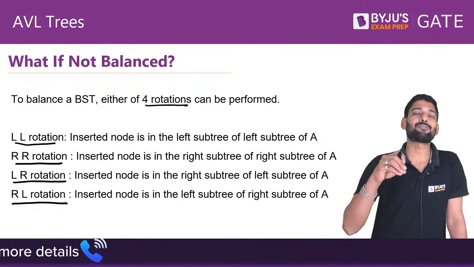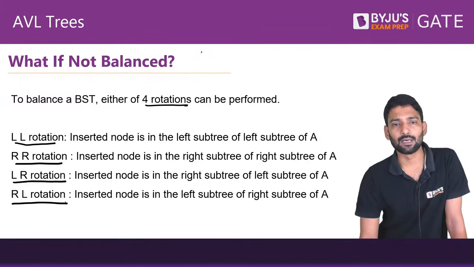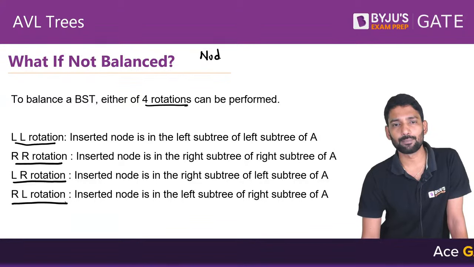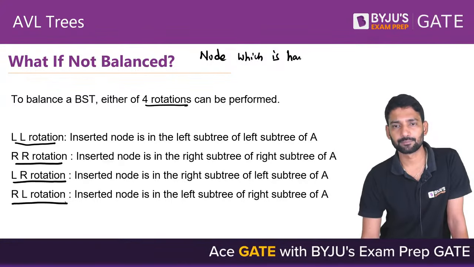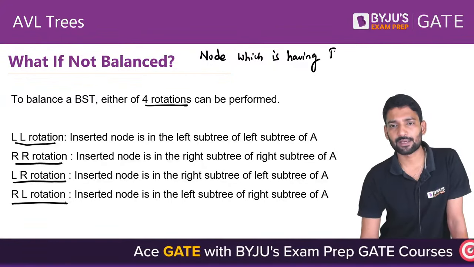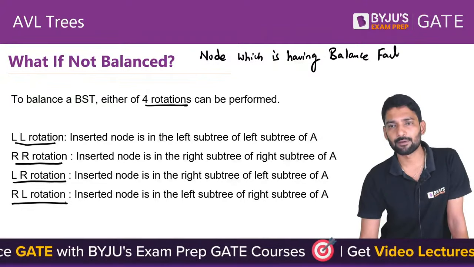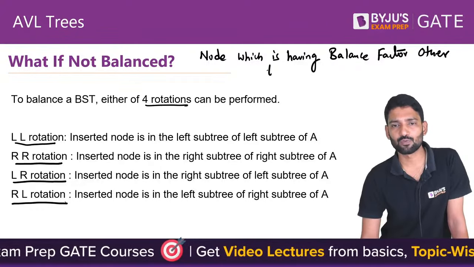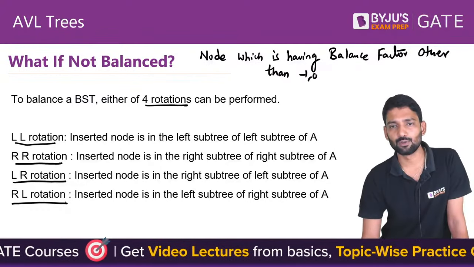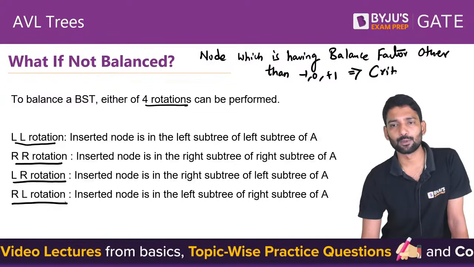Before that, let me tell you about the node which is not balanced. The node which has a balance factor other than minus 1, 0, plus 1 is called a critical node.